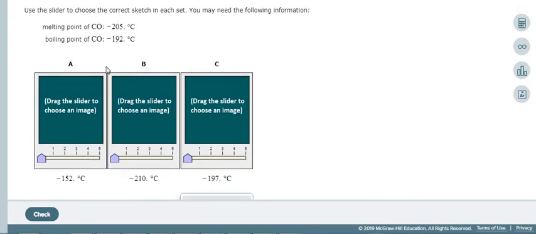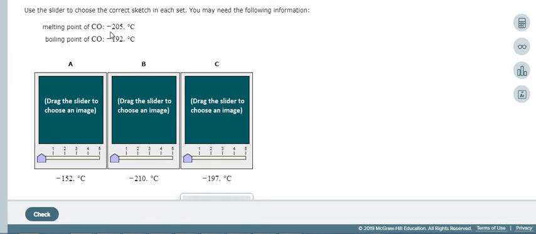And so it tells us what the melting point of carbon monoxide is, and that's minus 205. So that means degrees Celsius. And so that means that things that are colder than minus 205 are going to be in a solid state. When atoms are in a solid state, their organization is very organized.